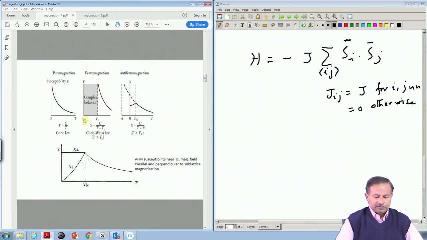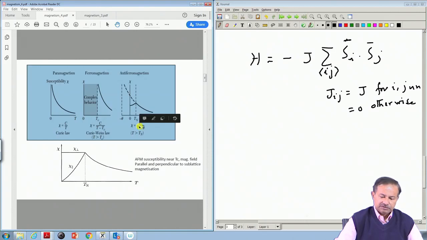So, the way it goes is C by T minus T c in ideal ferromagnets. In antiferromagnets, it goes as C by T plus some theta, at high temperatures, that is, above the Néel temperature. Here also this formula is valid when you are coming from above T c. Here also you are coming from above T N, and this is the behavior that you will see.